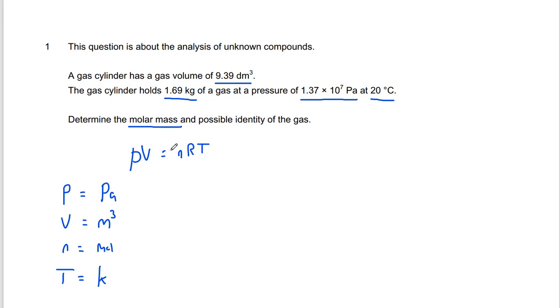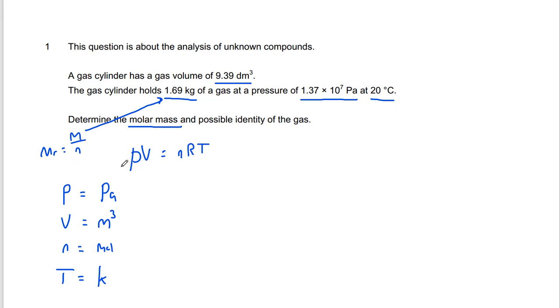So we know that if we want to work out the molar mass of something, we need the moles and we need the mass. So molar mass equals mass over moles. That's a straightforward equation. We're given the mass in the question. It's 1.69 kilograms of the gas.